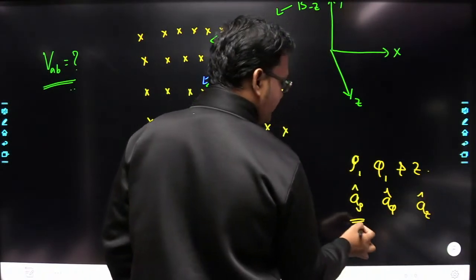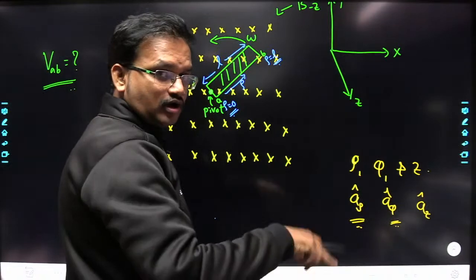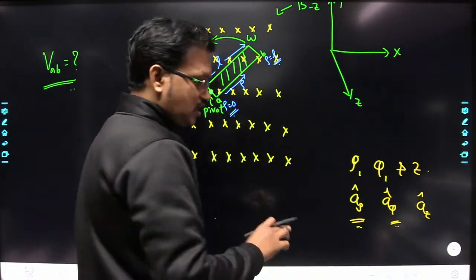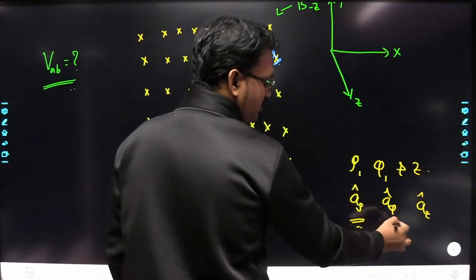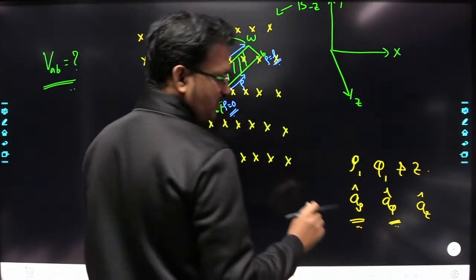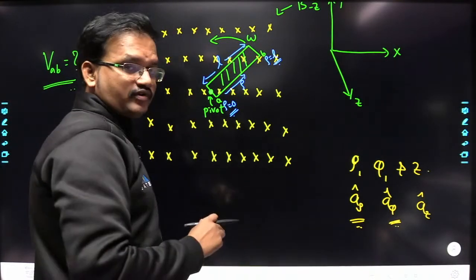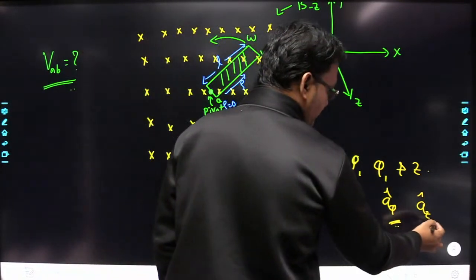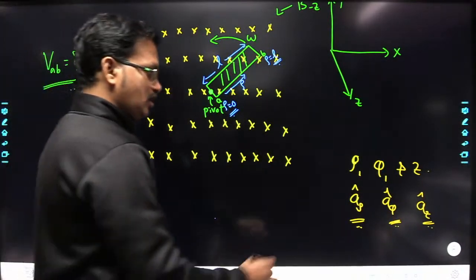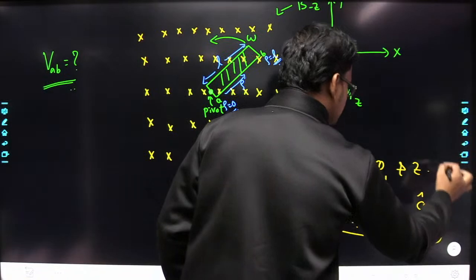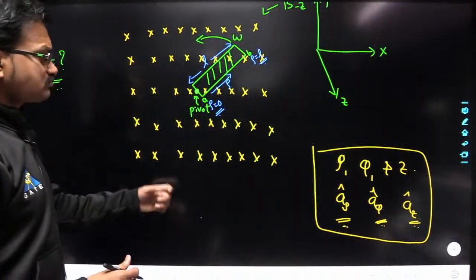This is the radial direction. This is along the circumference of the circle. A phi cap gives you the tangential direction at any point on the circumference of the circle. A z cap is the unit vector along the z direction. So you have to go through the cylindrical coordinate system once.